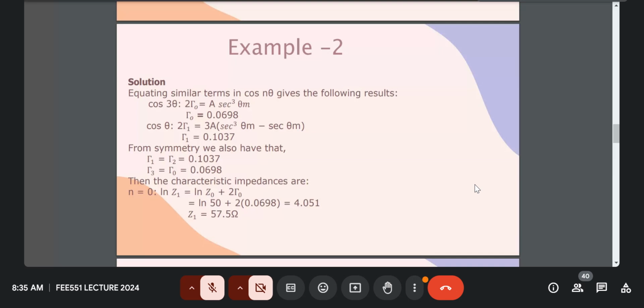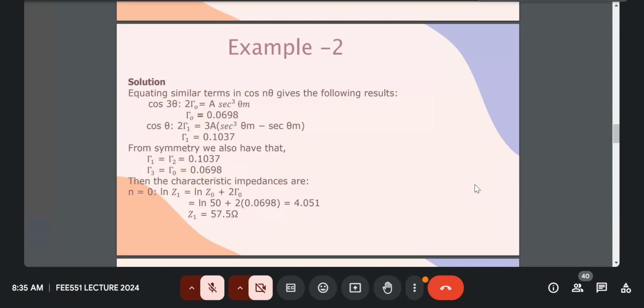Then using symmetry, we know that the second coefficient and the first coefficient will be equal to each other. Then the third coefficient and reflection coefficient gamma 0 will be equal to each other. Then to get the characteristic impedance that we need for each section, we use this formula for n equals 0.